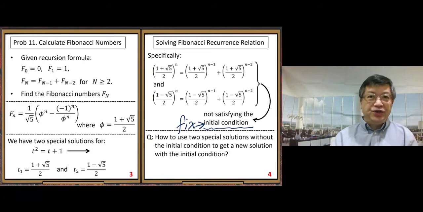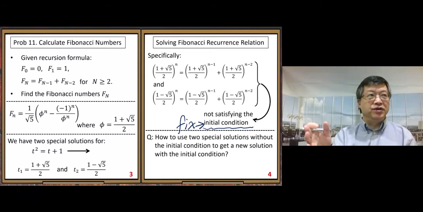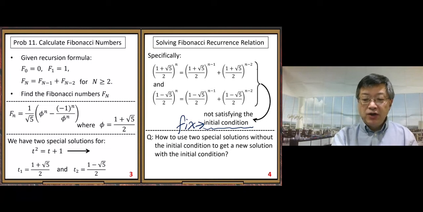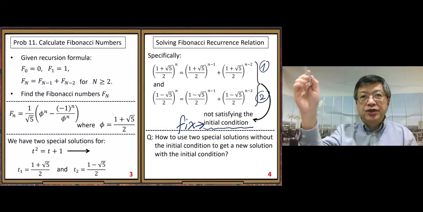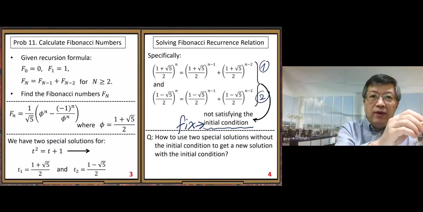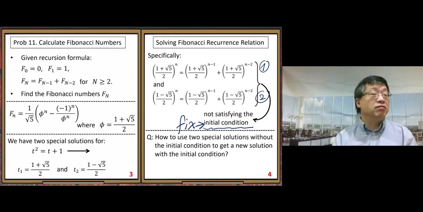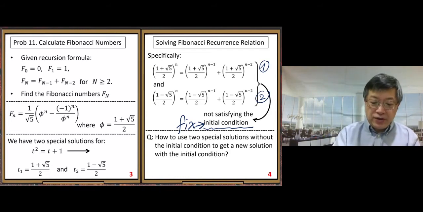How to use these two special solutions, special solution 1 and special solution 2, which do not satisfy the initial condition, to get a new solution with the initial condition?